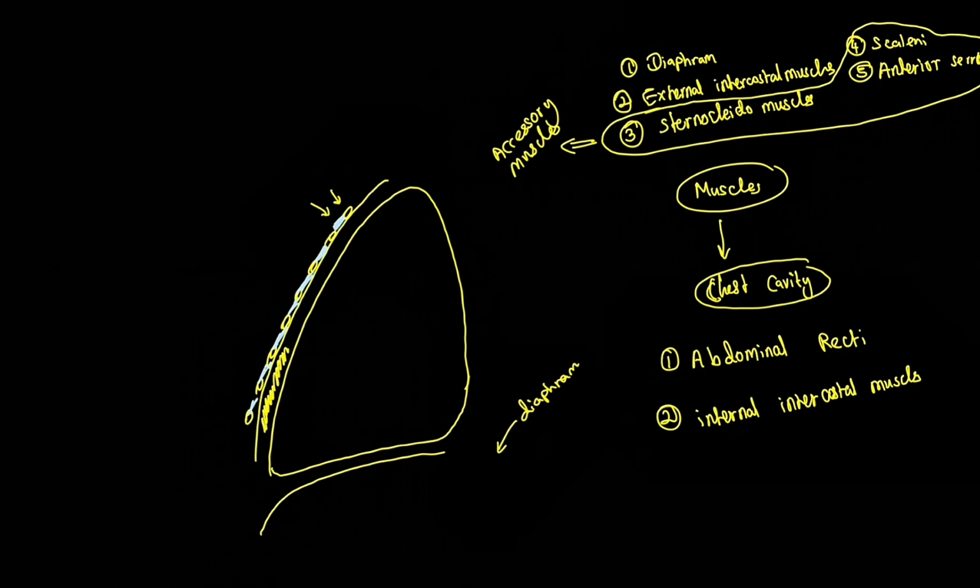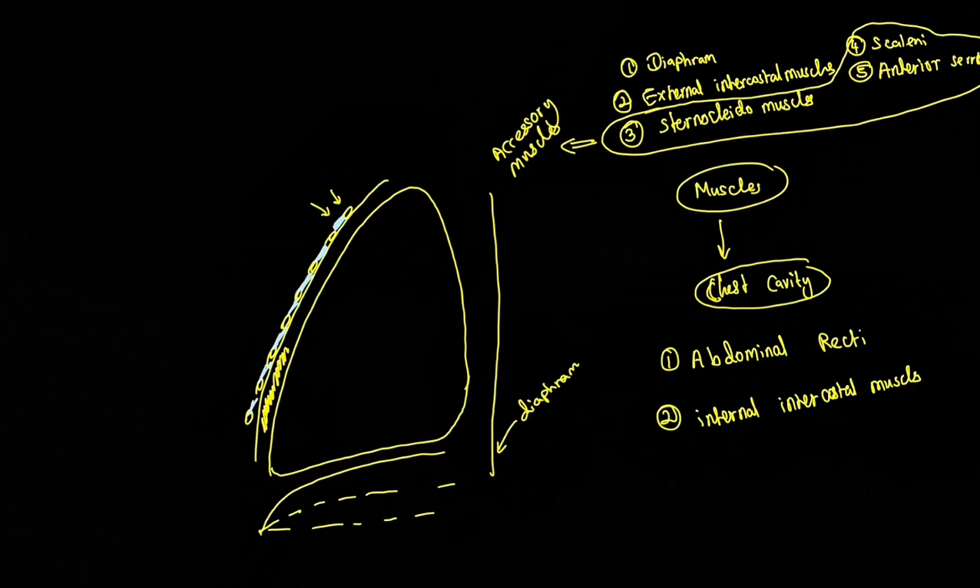What the diaphragm does is that it contracts. When it contracts, it goes downwards, so it increases the vertical diameter of the chest cavity.